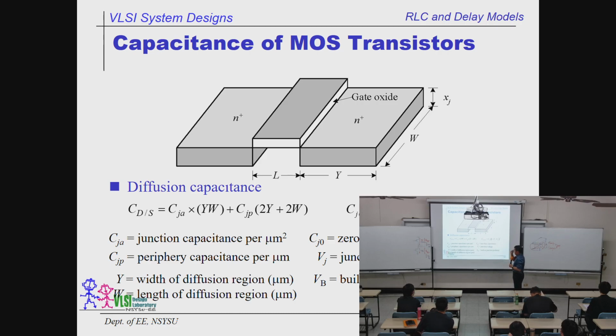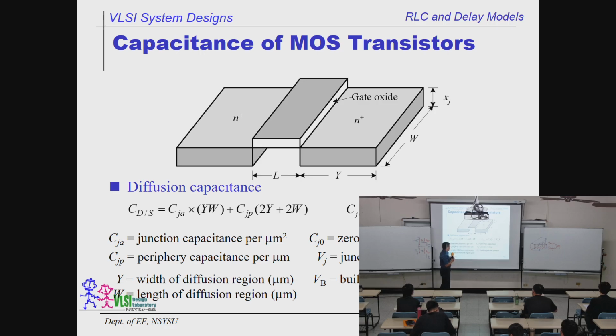diffusions. And we have a very lengthy diffusion cap equation over here. So no matter which one you use, drain and the source, they're all the same. Equal to the JA. A means the junction capacitance per micrometer square. That's the area. That is the bottom over here, in the bottom plate. So this JA is the capacitance existing in the bottom plate of the diffusion.